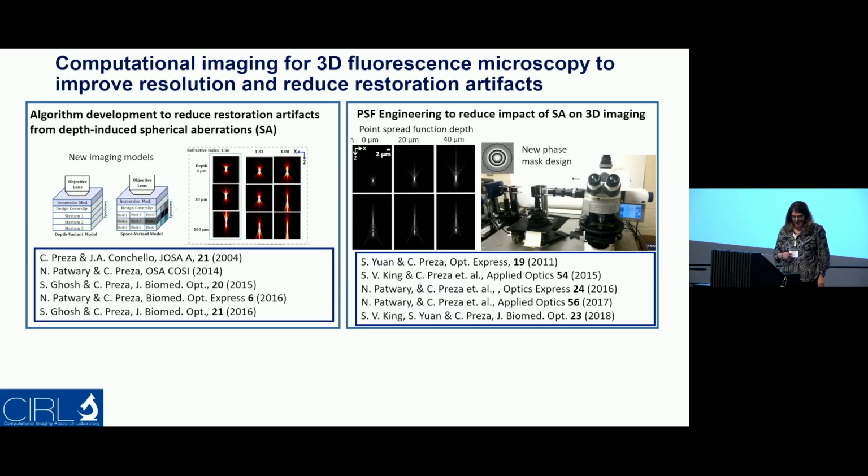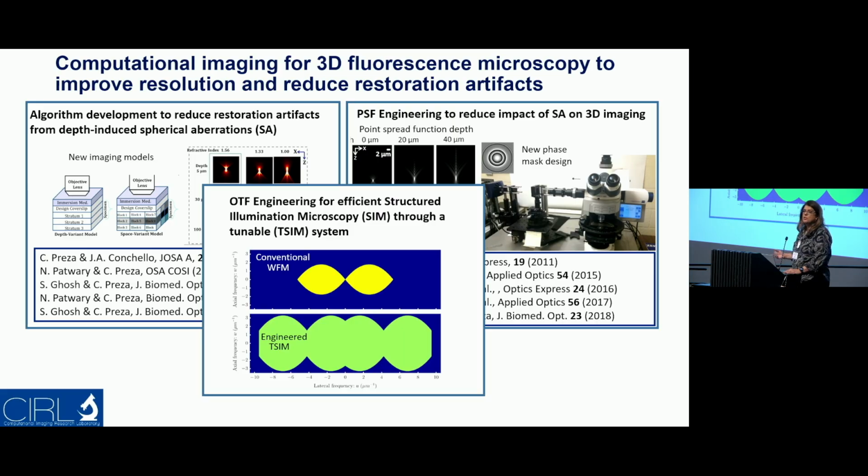Alternatively, through wavefront encoding, we engineered the point spread function to be less sensitive to these spherical aberrations, which then allowed us to use simpler computational methods to produce restorations with reduced artifacts.